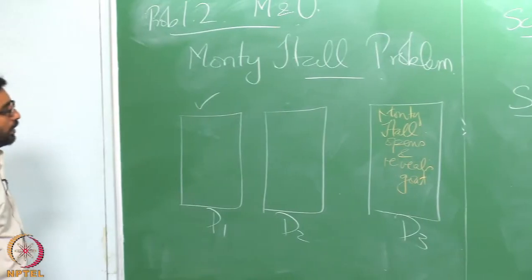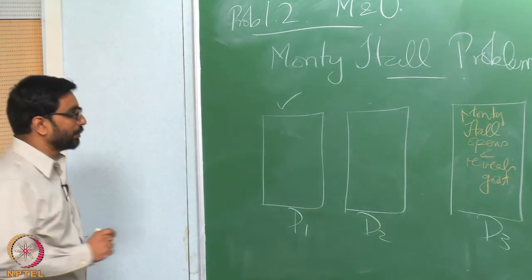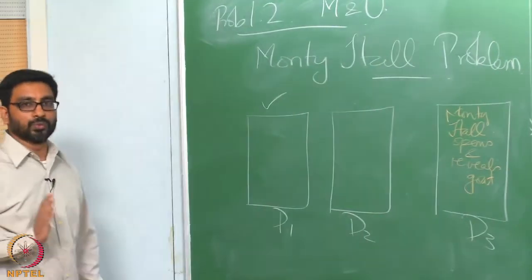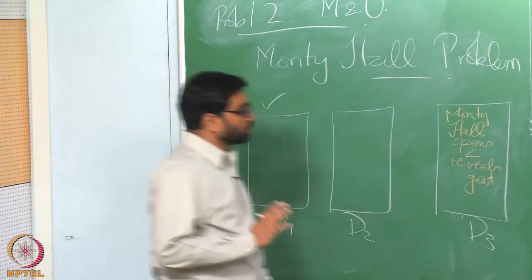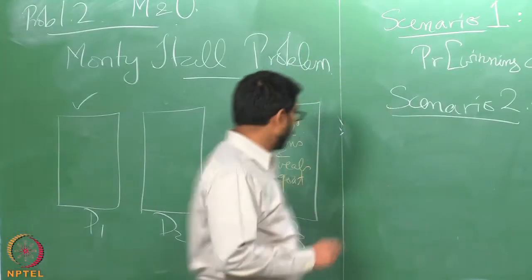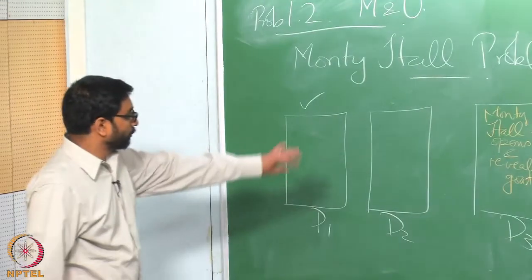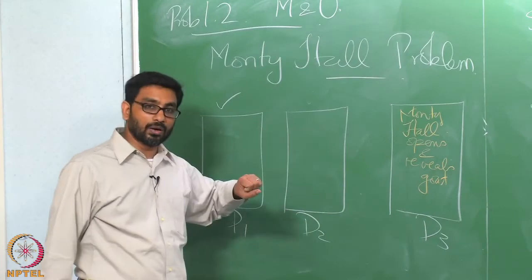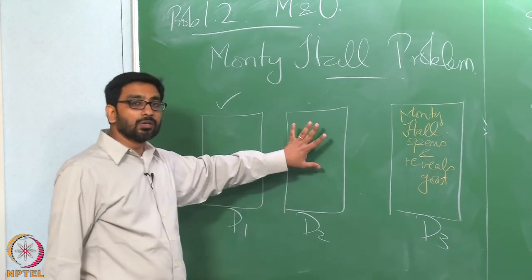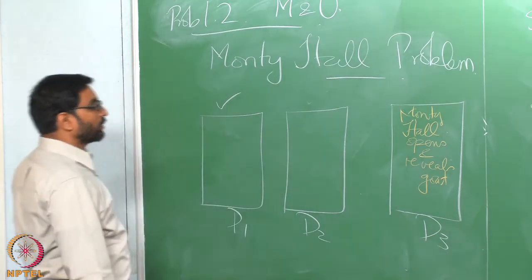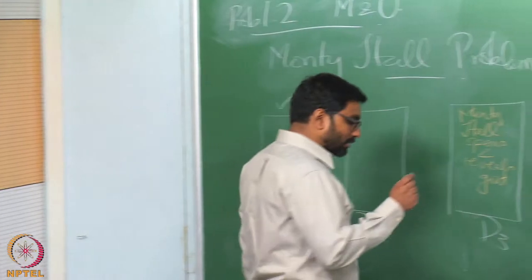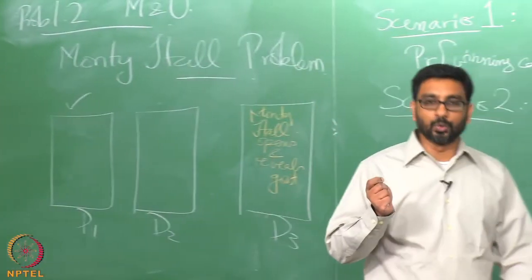What about scenario 2? Scenario 2 is a little bit more tricky, but let us think about what happens. There are two possibilities. One is that your first choice, in this instance D2, could have been a car, and if that had been the case, you lose.